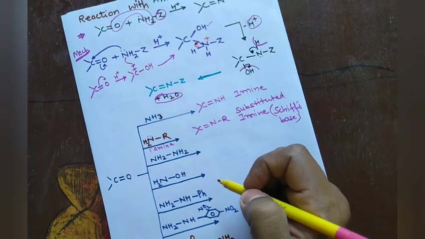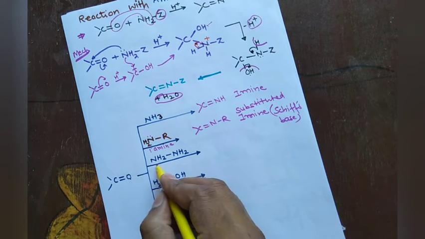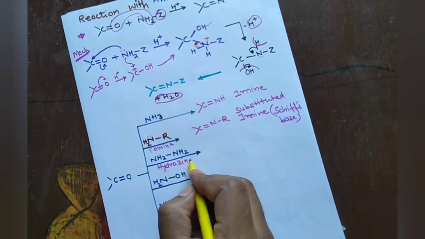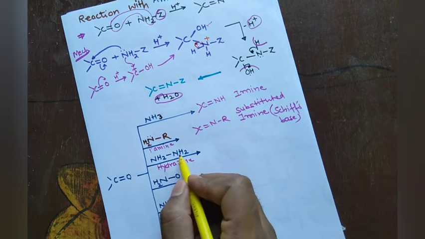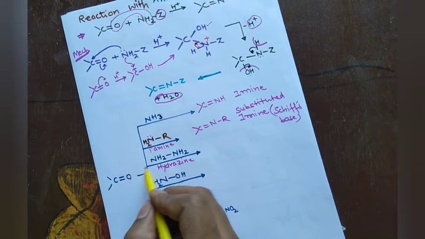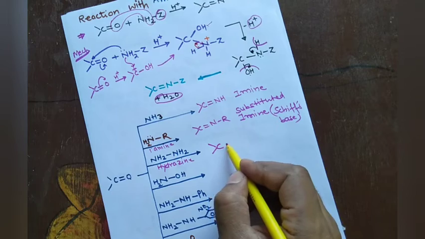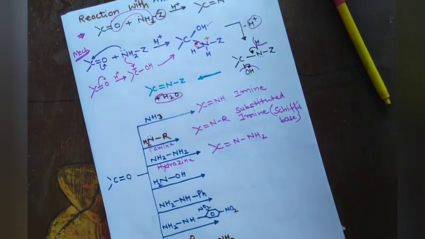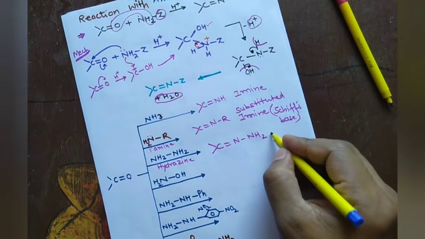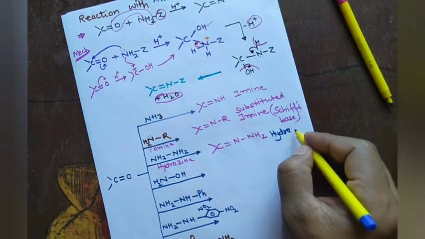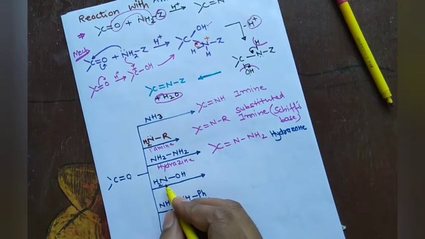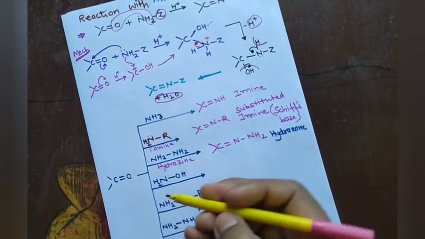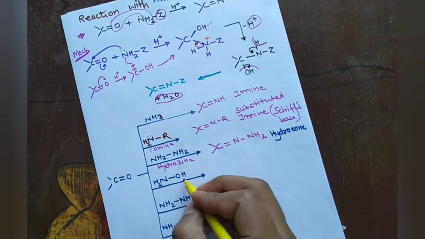Anything. Now suppose hydrazine. What do you mean by hydrazine? Hydrazine is NH2NH2. You can remove 2 hydrogen atoms from any of these 2 nitrogen atoms. Removal of 2 hydrogen and 1 oxygen will result in the formation of hydrazone. Now this is NH2OH, hydroxylamine, hydroxyl group and amino group.